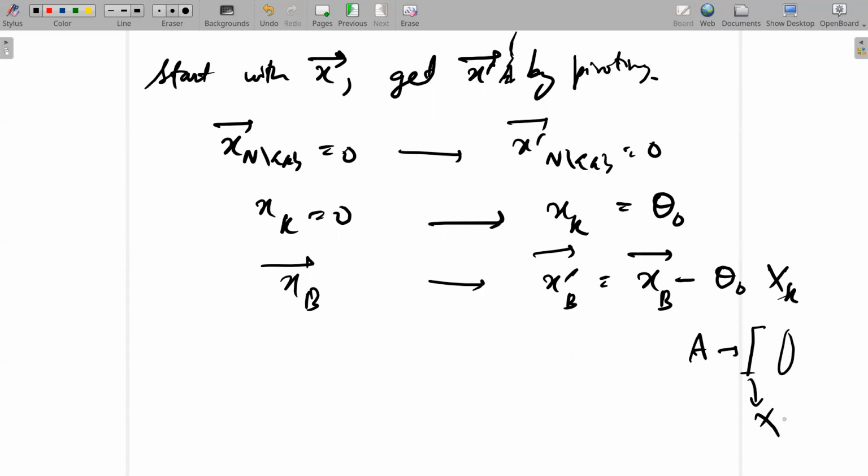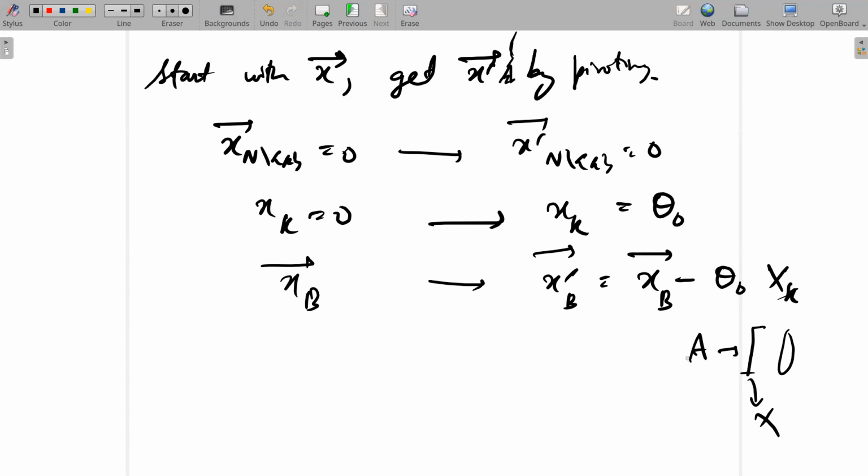That is the one that is called X. And then we had a kth column, which would enter. So the new basic feasible solution would be xb minus theta naught xk.